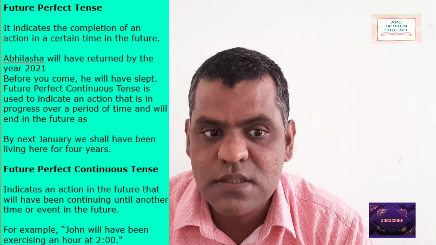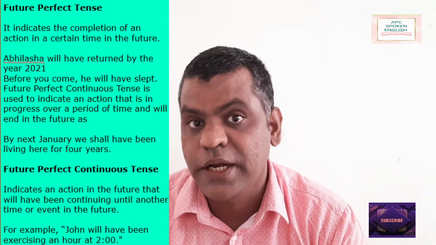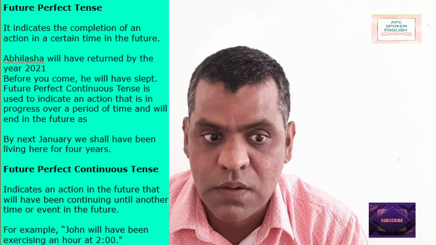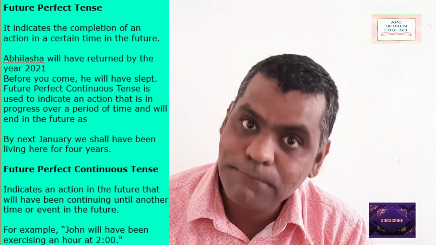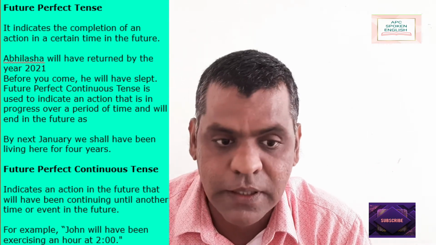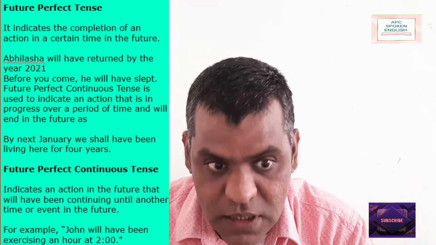And the next one is future perfect tense. It indicates the completion of an action by a certain time in the future. Abhilasha will have returned by the year 2021. Any year can come here. Before you come, he will have slept.